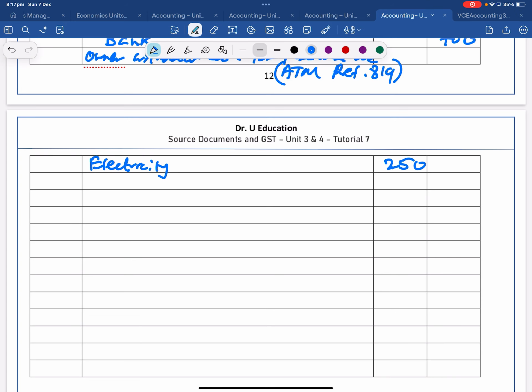Then GST clearing, 25. And you credit the bank 275. So what's the narration, guys? Electricity expense paid with GST.